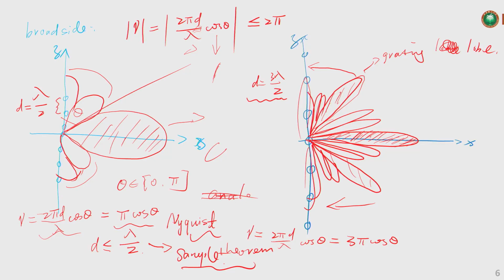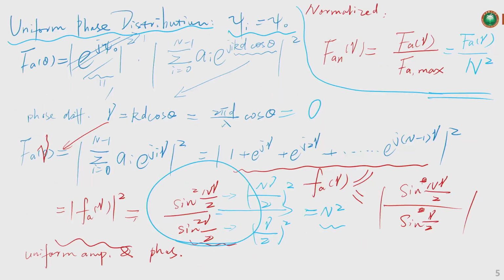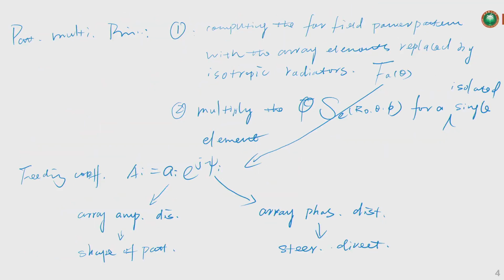The shape of the pattern. We need to change the amplitude distribution, right? The array amplitude distribution. So we need to change the distribution of A_i.